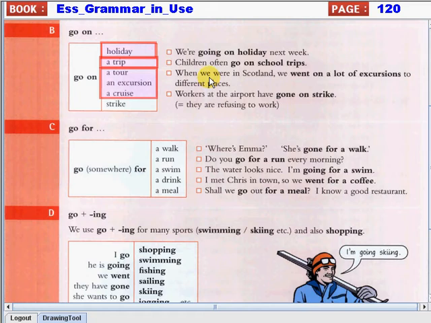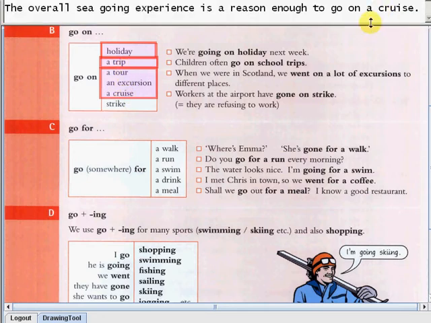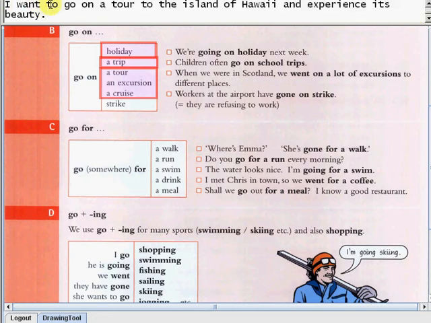Now, let's try to use go on a tour and go on a cruise in a sentence. You can say, the overall sea-going experience is a reason enough to go on a cruise. Go on a tour: I want to go on a tour to the island of Hawaii and experience its beauty.